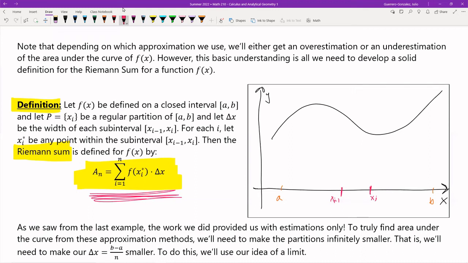That's what this definition is for a Riemann sum. So instead of picking the left or right end, I just pick any point I choose between these two points. So I can pick this point to be my x_i star. This box now goes up as high as f of x_i star.